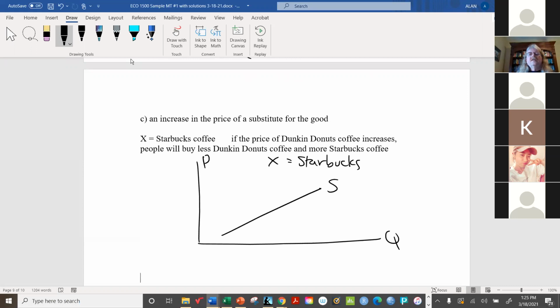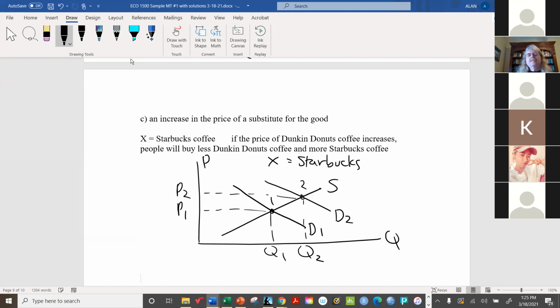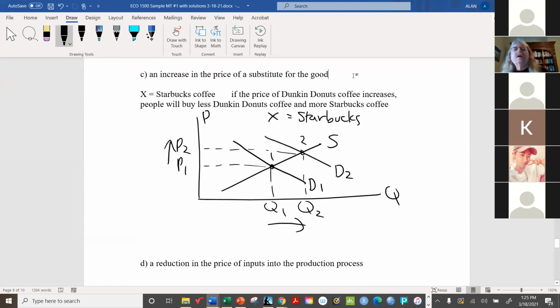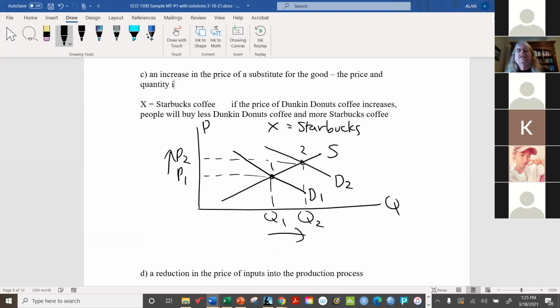The demand for the Starbucks will go up because compared to the Dunkin' Donuts, it is now relatively cheaper. And so the bottom line is that the price and quantity will increase.